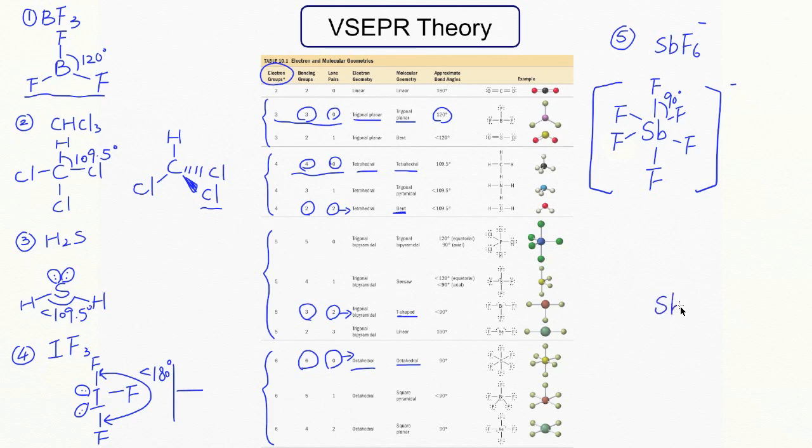You have antimony, and if you have this fluorine, antimony, and this fluorine, the three axial atoms in the same screen plane, then you would have one fluorine below the screen, this fluorine above the screen, and the same thing for the other two fluorines, one fluorine below, the last one should be above. Okay, so this is how we draw the three-dimensional structure of the SbF6 minus in a two-dimensional plane.